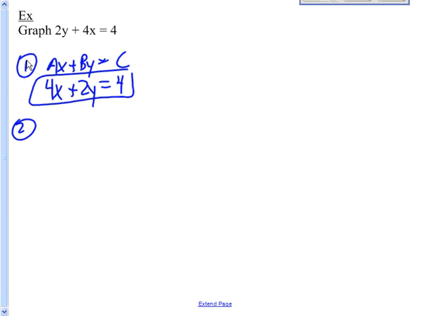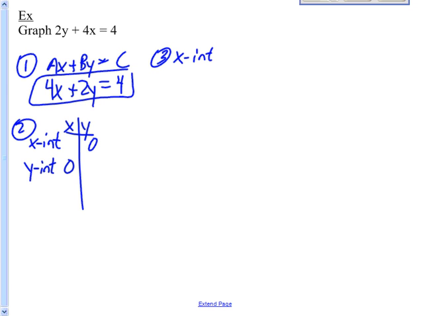All right, now we get our x and y intercepts, right? To find our x-intercept, we let y be 0. To find our y-intercept, we let the other variable x be 0. Okay, so let's do our x-intercept here. X-intercept, 4x plus 2y equals 4. Letting y be 0.